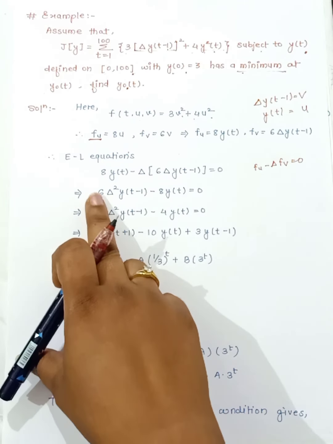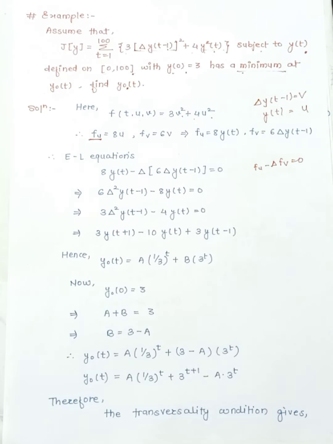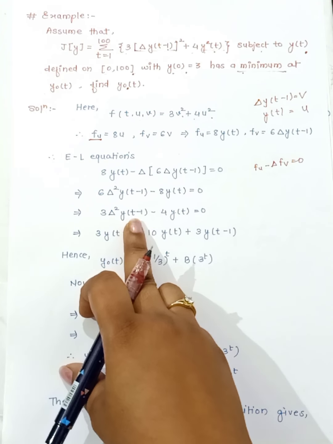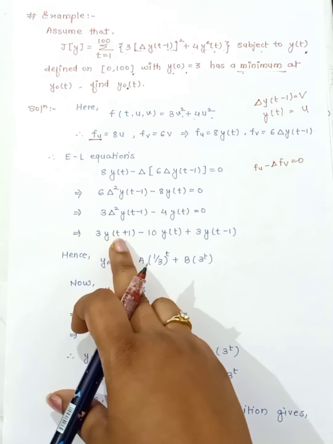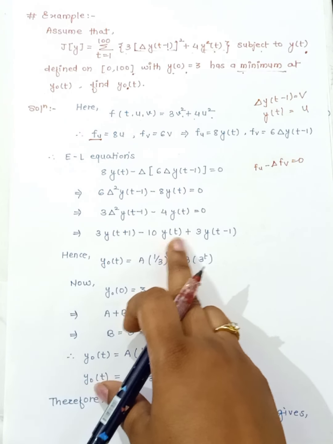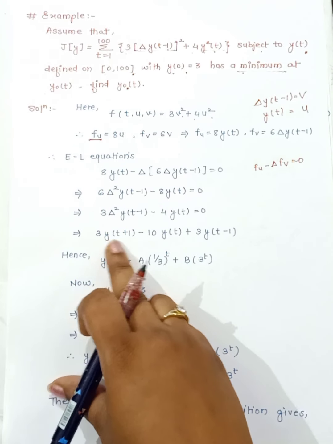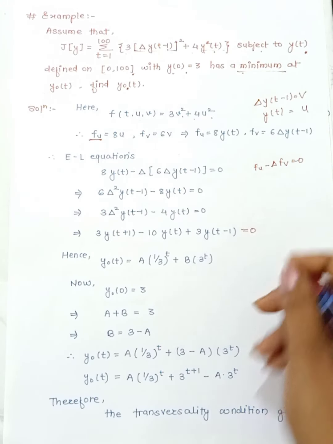So 6 and 8 both are divisible by 2. So we get 3 delta square y of t minus 1 minus 4y of t equals 0. 3y of t plus 1 minus 10y of t plus 3y of t minus 1. By applying this delta we get this whole term and that is equal to 0.